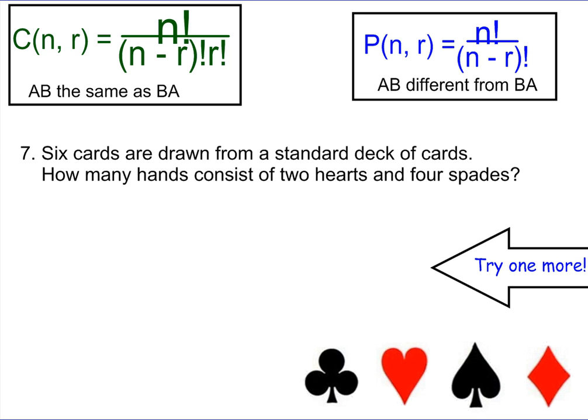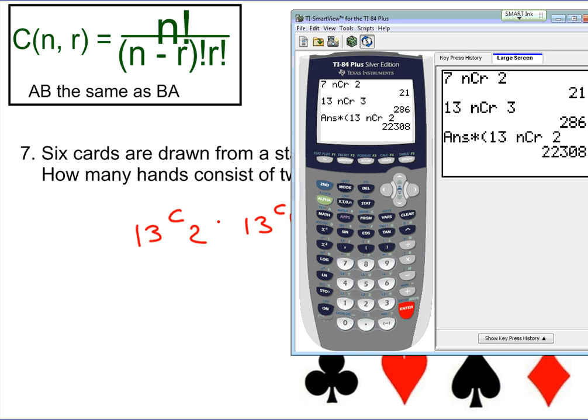6 cards are drawn from a standard deck of cards. How many consist of 2 hearts and 4 spades? So same kind of idea. 13, choose 2 hearts times 13, choose 4 spades. So you need 6 of those. So I'm going to do the exact same thing in my calculator. So 13, choose 2, 13, choose 4.